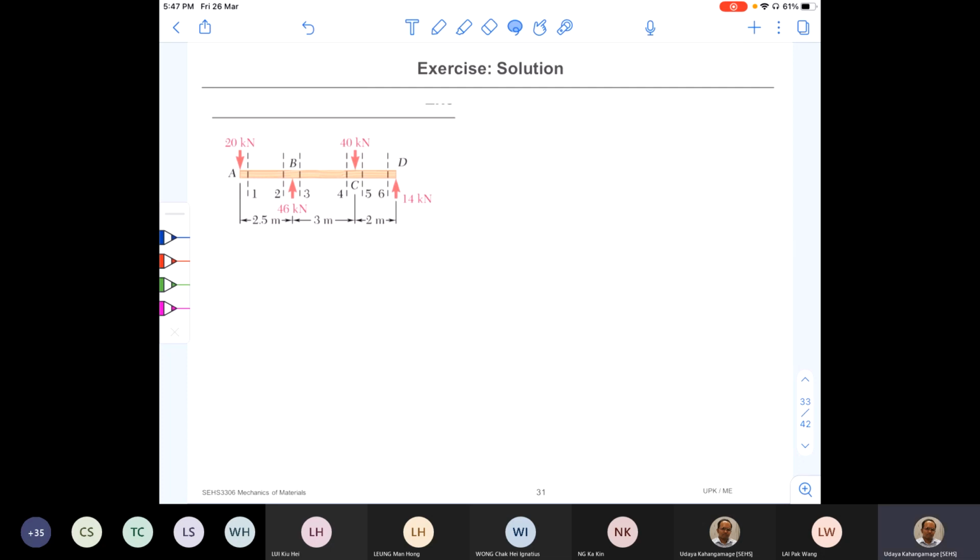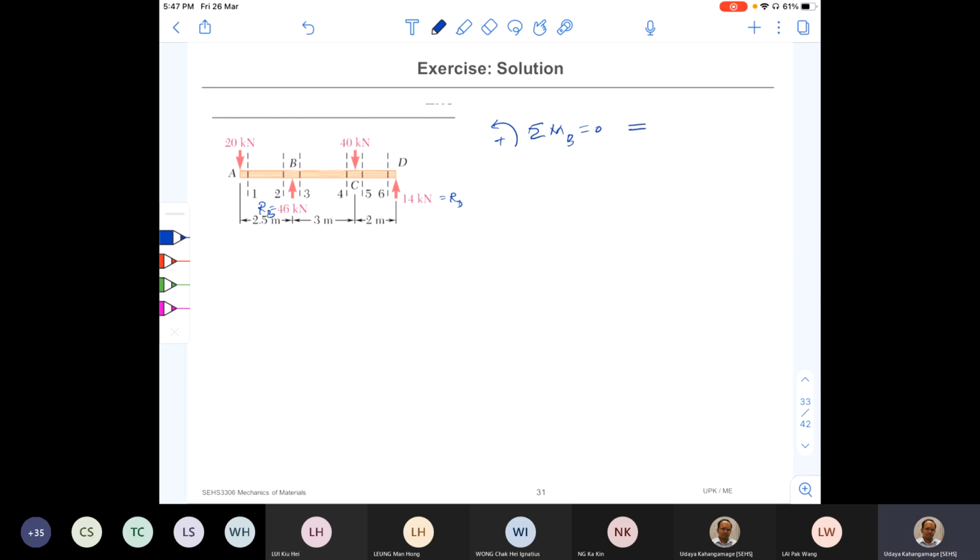Right, so in fact, the reaction force at B, RB, is already calculated here and the answer is given, and this is RD. So how do we find those two values? You know that, right? So you first write the moment balance, the sum of moments around B. The summation of all the moments should be equal to 0.